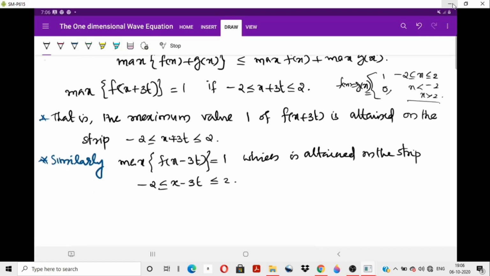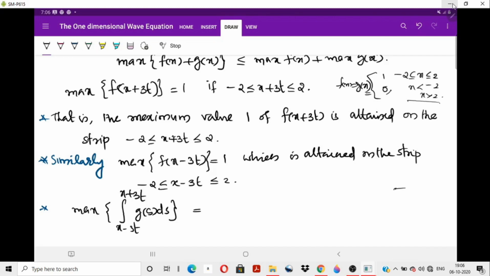Now we need to calculate the maximum of the integral from x minus 3t to x plus 3t. Since g is the same function as before, we know that g has a maximum value of 1 when this interval lies in the interval, which interval?